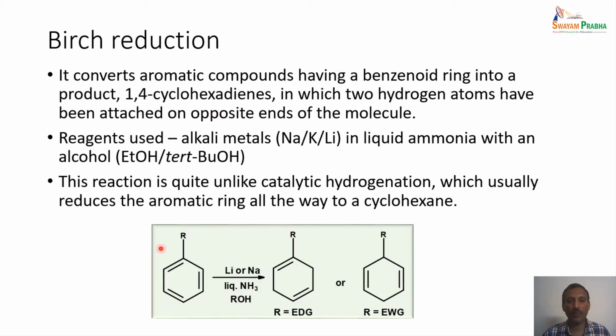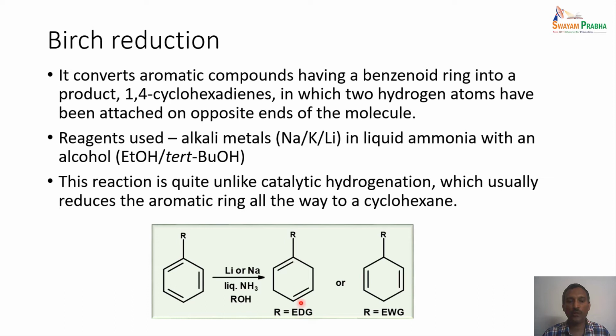If we take a benzenoid derivative and lithium or sodium in liquid ammonia with an alcoholic, basically protic, solvent, it gives the 1,4-cyclohexadiene, because these double bonds are no longer conjugated.